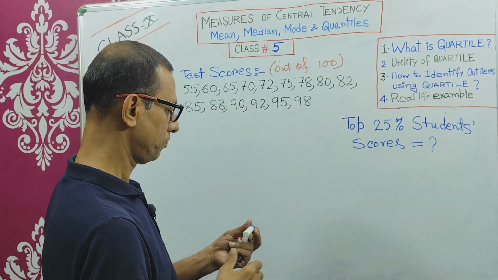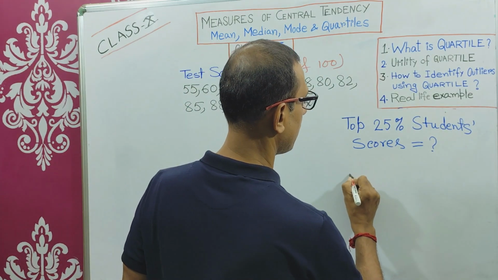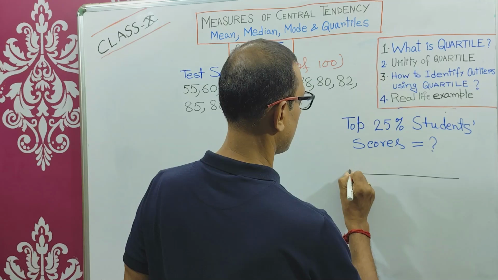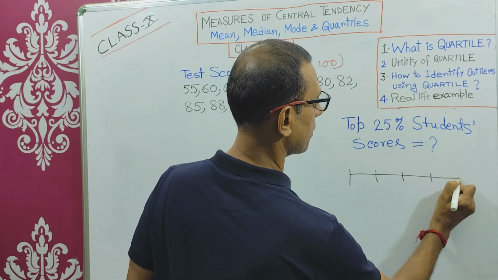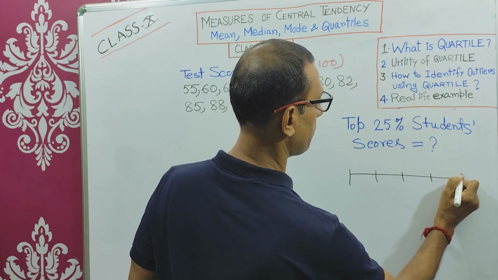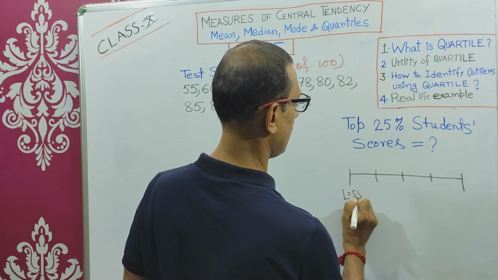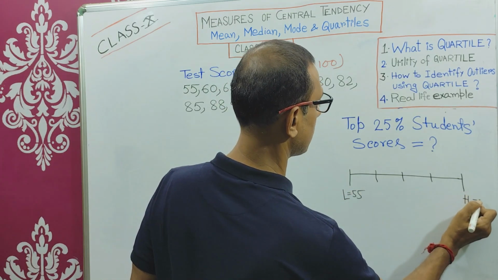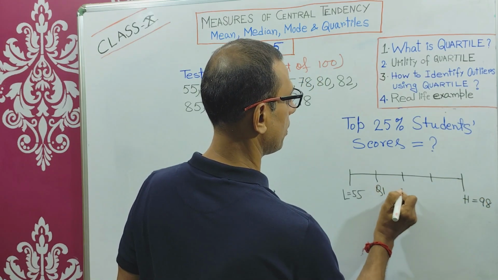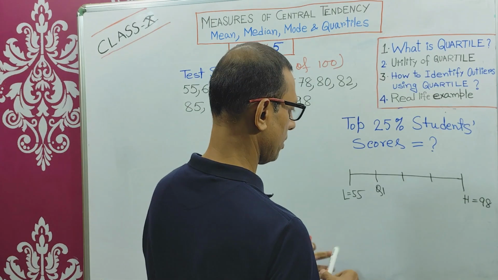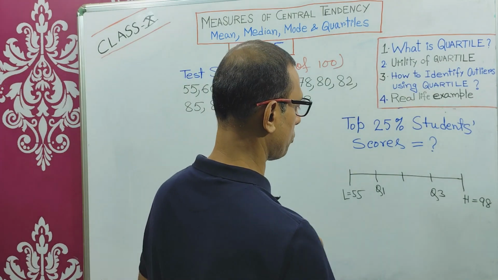If I draw the graph again, this is the lowest one, let's say L equals 55, and this is the highest one, H equals 98. This is Q1, this is Q3, and this one is Q2.